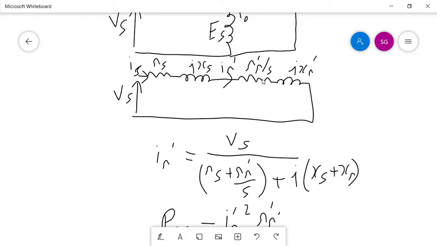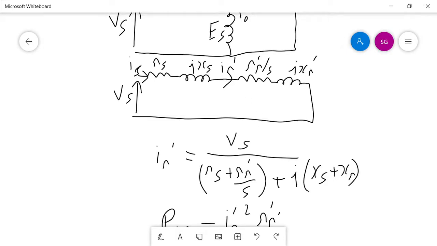Now if we change this rotor resistance, maintaining this RR dash by S constant, so we are varying this RR dash and maintaining this RR dash by S to be constant, there will be no effect on IR dash. We can see this circuit will be same, so IR dash will be same. So there will be no effect on the rotor current.